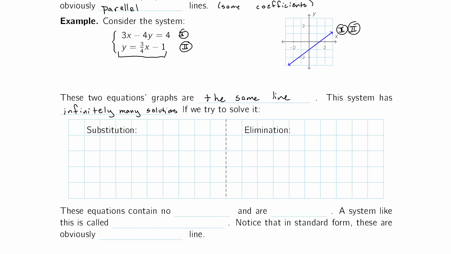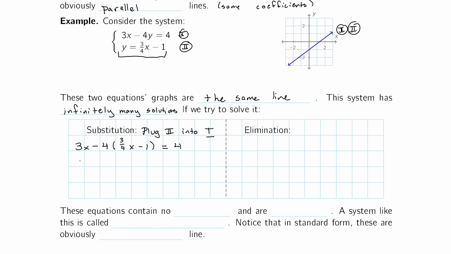This system is already set up to make substitution pretty easy. I'm going to plug equation 2 into 1. And I'll have 3x minus 4 times, according to equation 2, y is equal to 3/4 x minus 1. And that's all equal to 4.